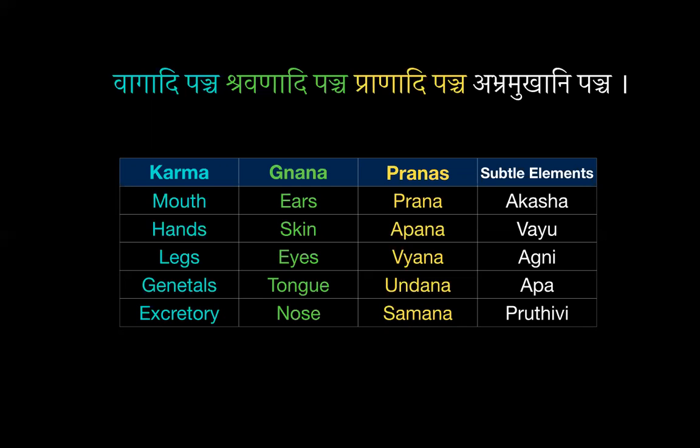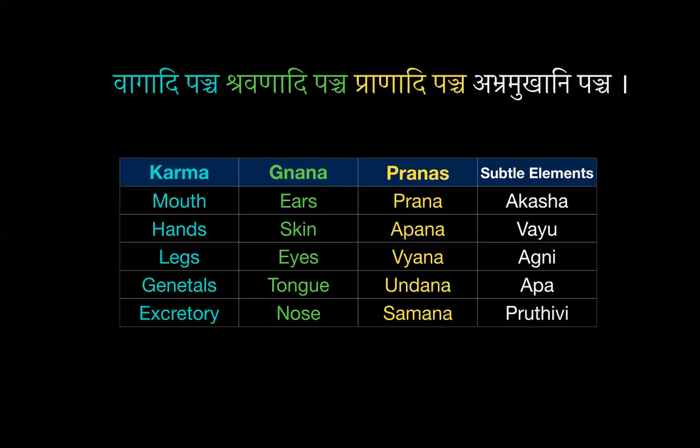That is how we have to differentiate. So Vagadi Pancha means Pancha Karmendriya, has got mouth, hands, legs, genitals, and excretory. All these indriyas have got different functions of action. So action indriyas, karmendriyas.